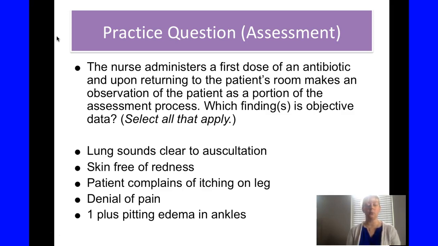So which findings would apply? Lung sounds clear. Is that something that you're doing or the patient's telling you? That's you, so that's an answer. Skin free of redness. Are you observing that? Yes. Patient complains of itching on leg. That's what he's telling you, so that's not your objective portion.